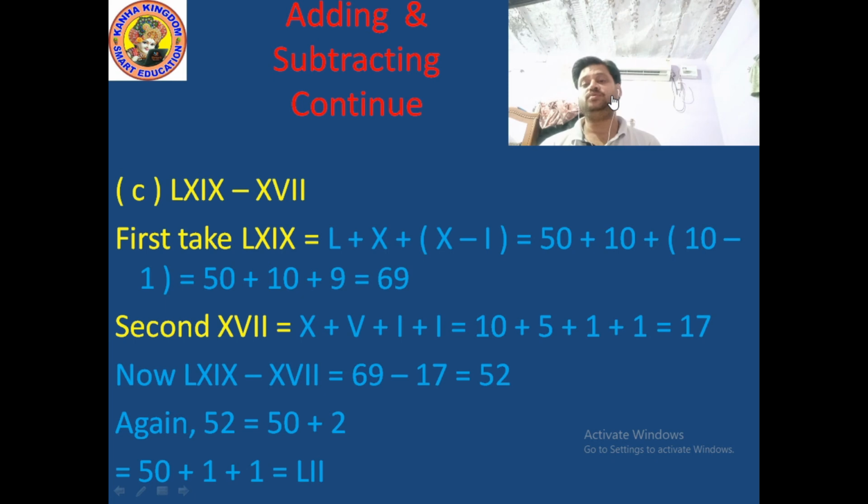Now move to the subtracted form. When this type of question comes, as you all solve, first you convert all the Roman numbers into the Hindu-Arabic system and then you solve.